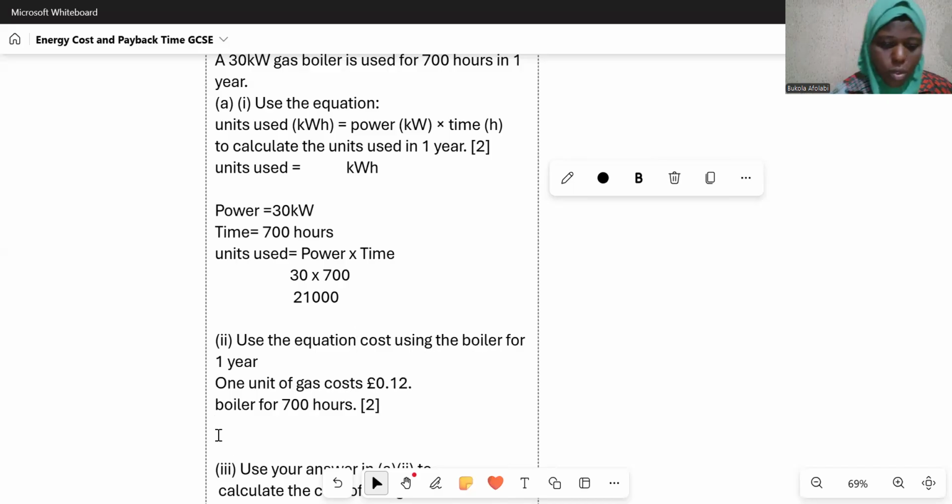So we have cost equals the amount of units used multiplied by the cost of using 1 unit of gas.